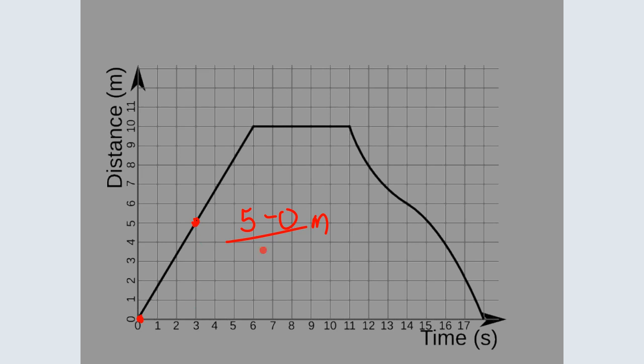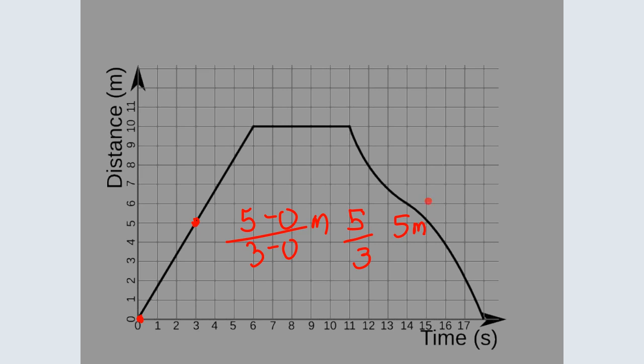And my 3 minus 0 is 3. So 5 over 3 is my slope. So 5 meters in 3 seconds.